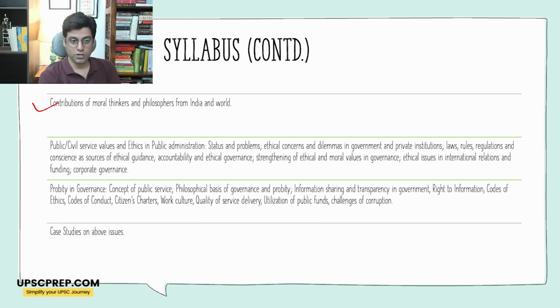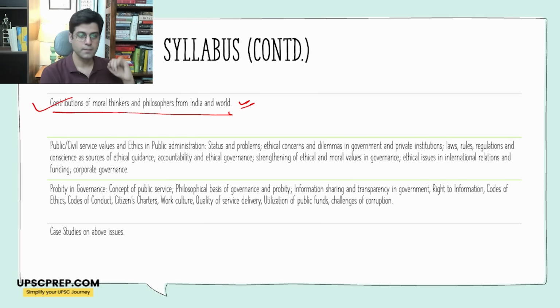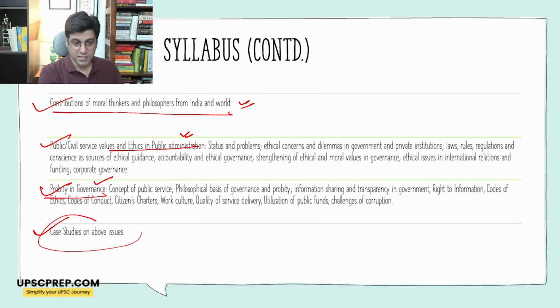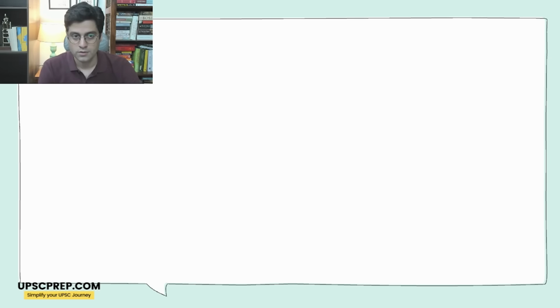Thereafter you have contribution of moral thinkers and philosophers from India and the world. You have public and civil service values and ethics in public administration. You have probity in governance, and then all these topics, plus case studies on the above issues.